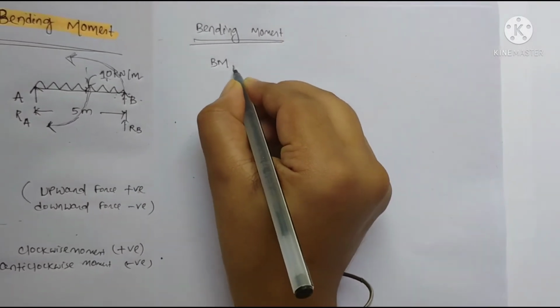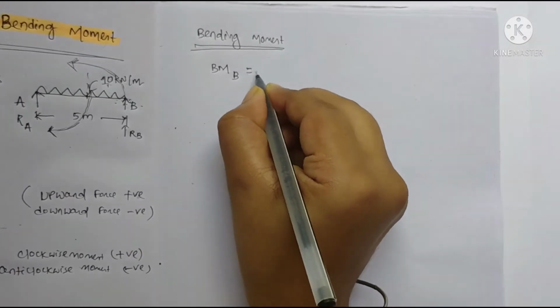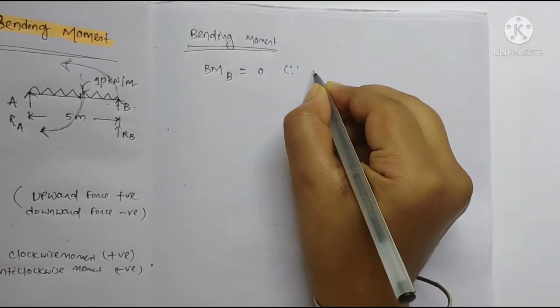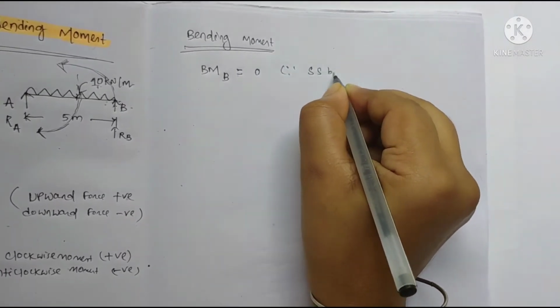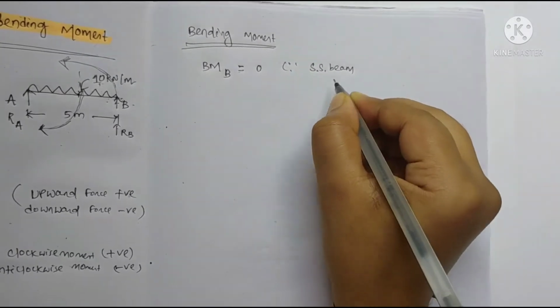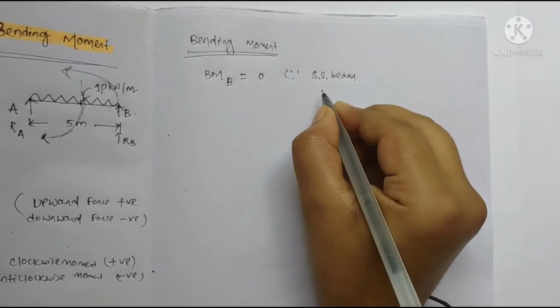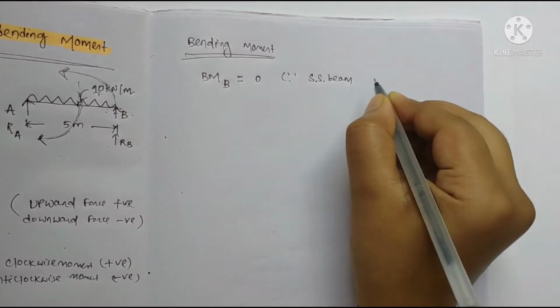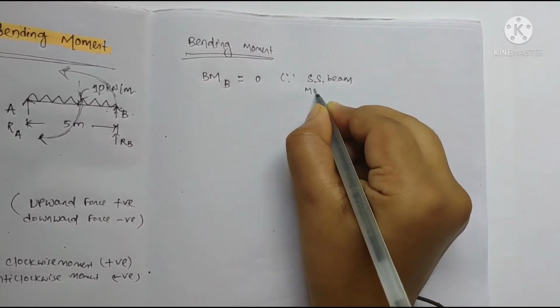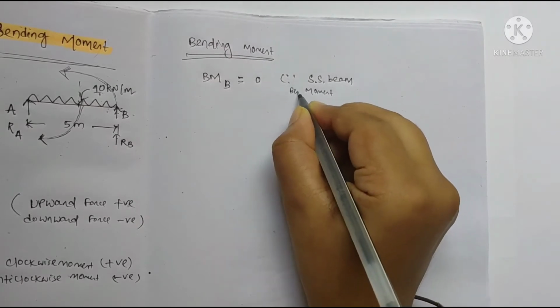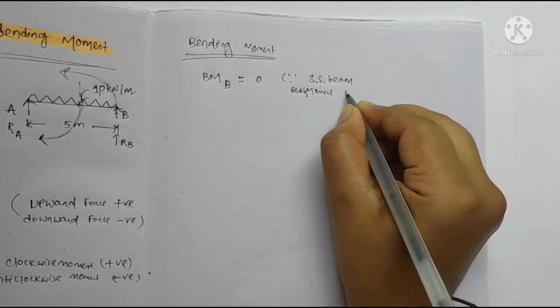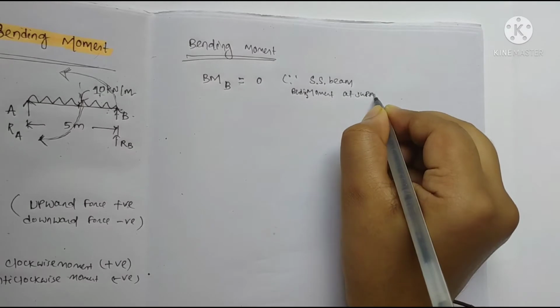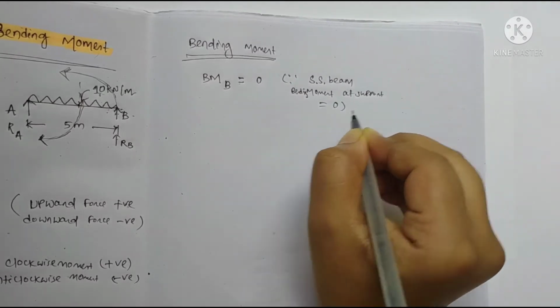So bending moment at point B equals 0. Why? Because in a simply supported beam, the bending moment at the support will be equal to 0.